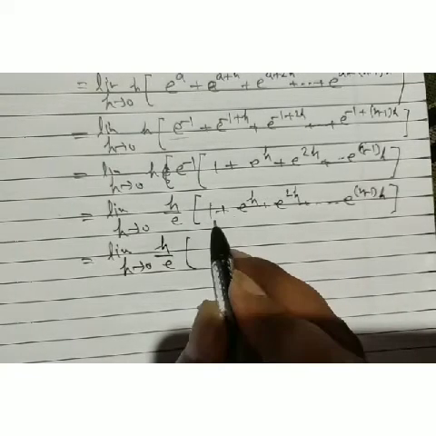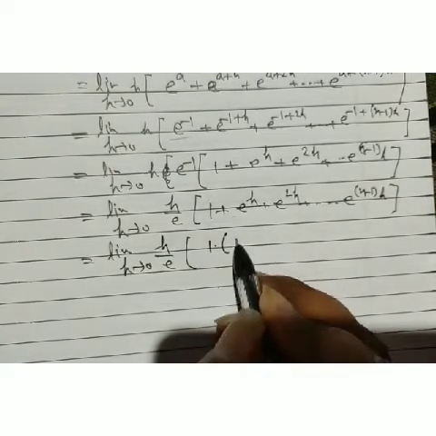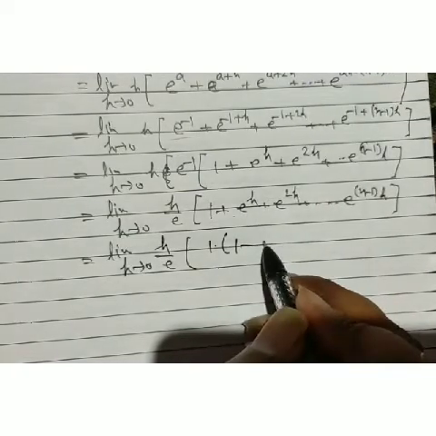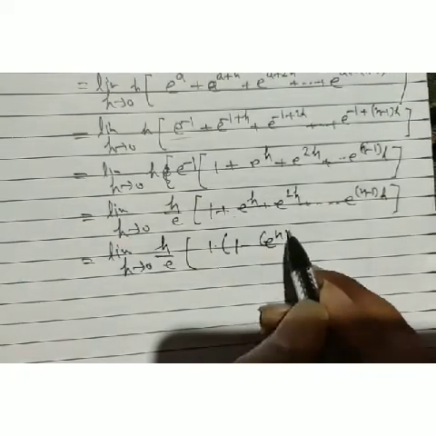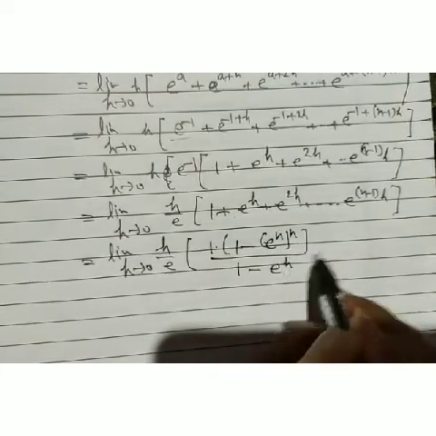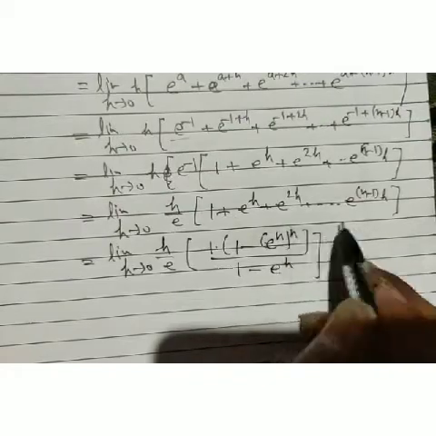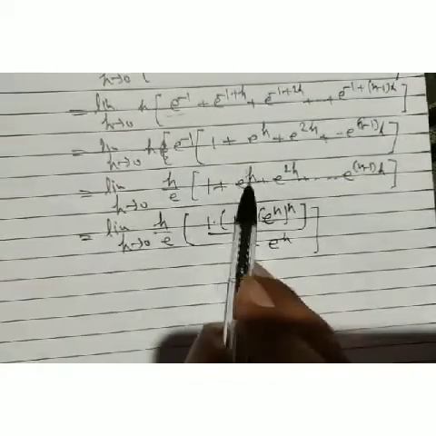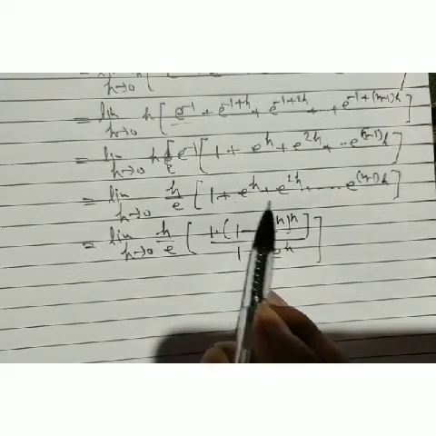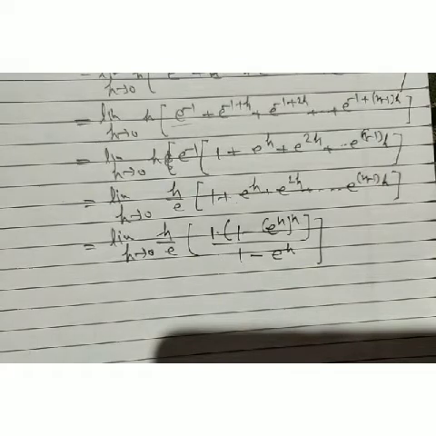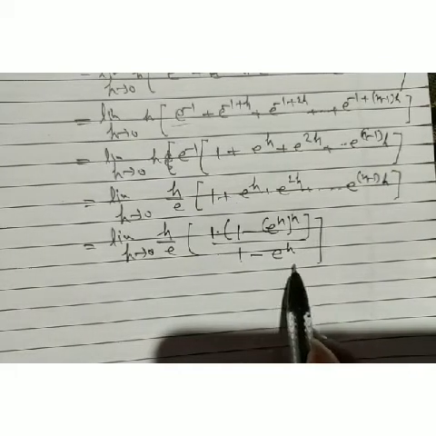It is a into (1 minus r to the power n) over (1 minus r). Our common ratio r is e to the power h. We get this sum by the sum of a geometric progression. Since e to the power h is obviously less than 1 because the exponent lies between minus 1 and 1.